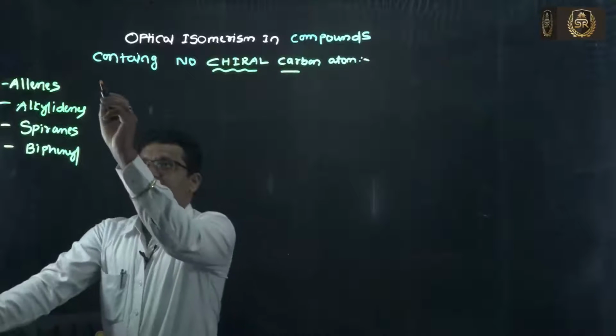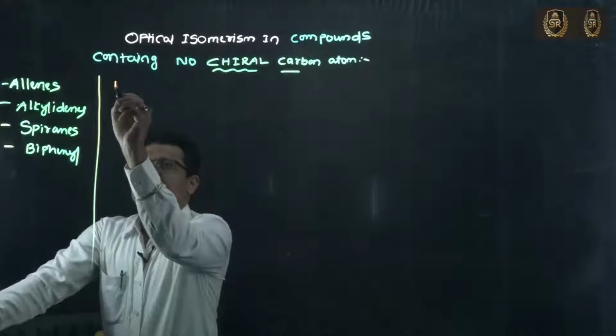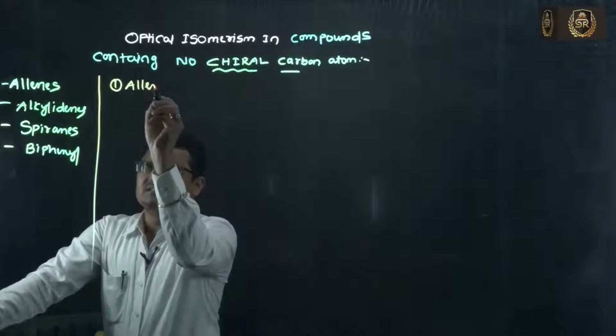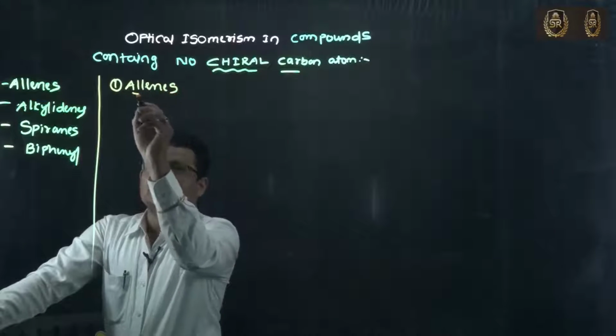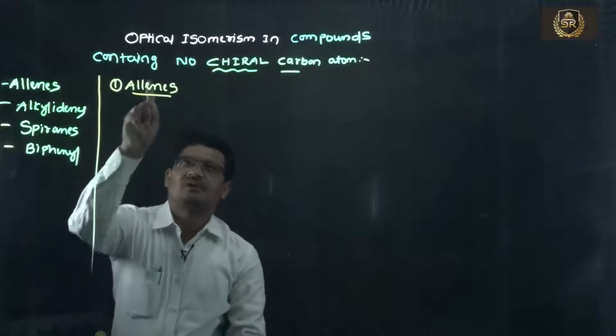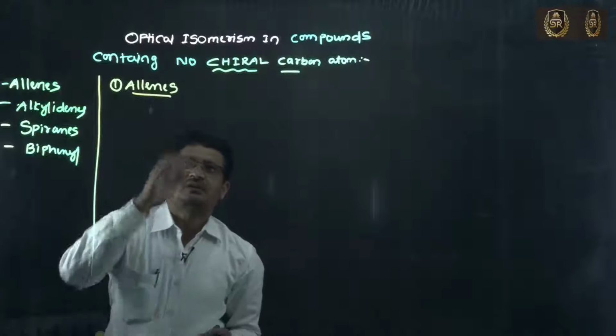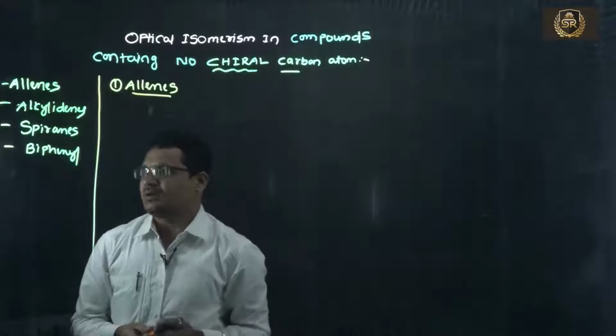The first example is allenes. What is the meaning of allenes? Today we discuss optical isomerism and geometrical isomerism in compounds containing no chiral carbon atom.